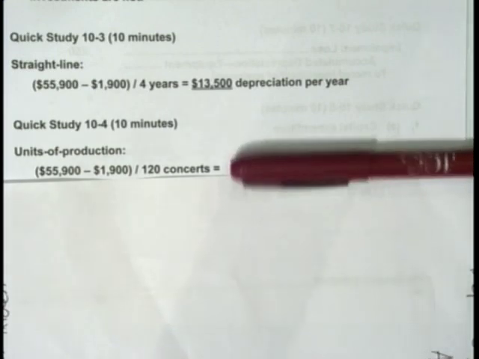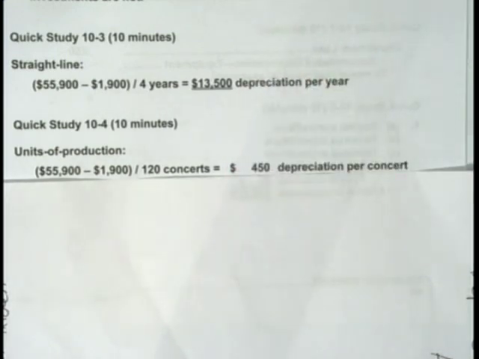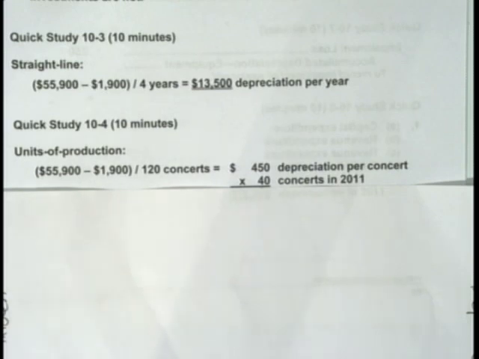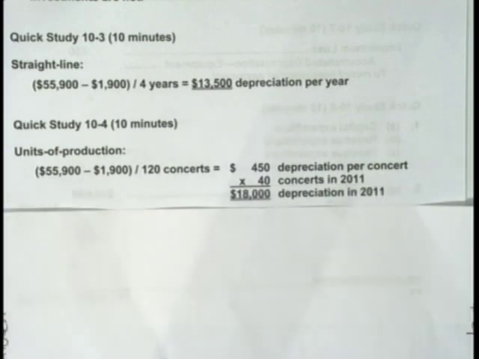And that means we're going to depreciate $450 depreciation per concert. Correct? Now, how many concerts did we do in this period? We did 40 in 2011. So we take 40 times 450, and that means we're going to take $18,000 depreciation in 2011.